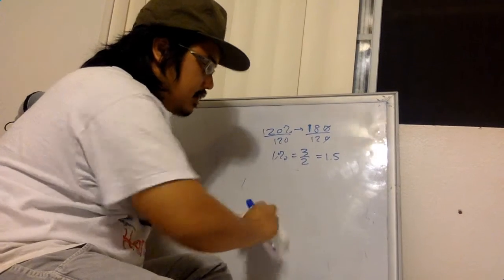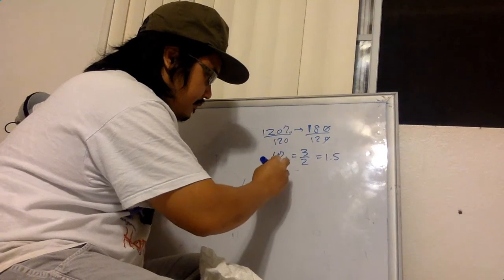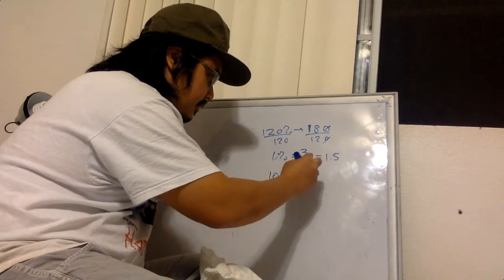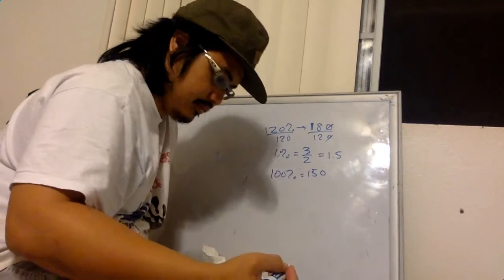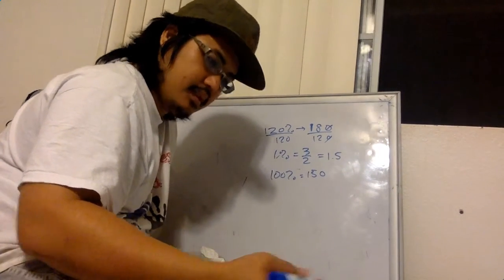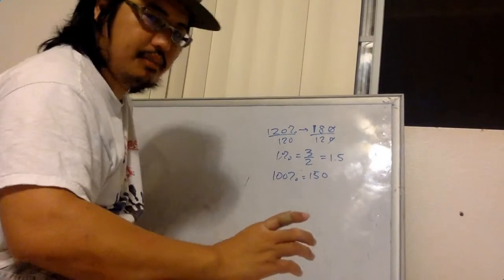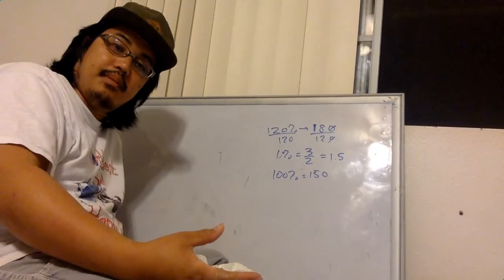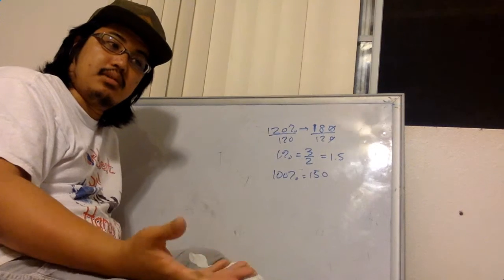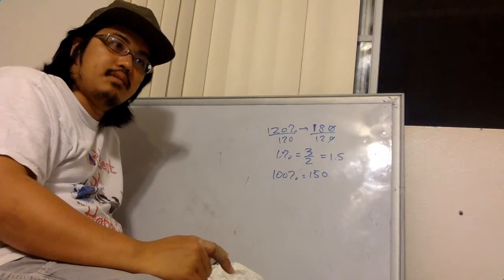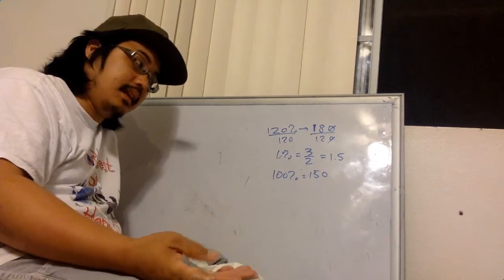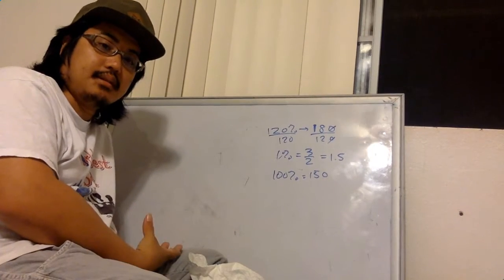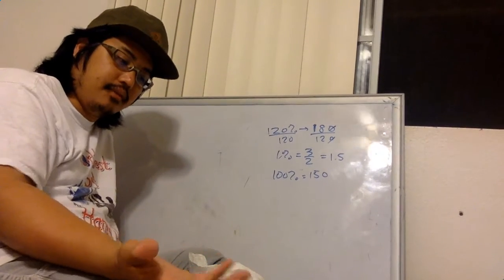So how much is 100%? 150. So this number should be smaller than 180 because he started with 150 books. Somebody gave him extra books, so his books increased by 20%. And he now has 180 books, which is bigger than 150, which is a good thing.